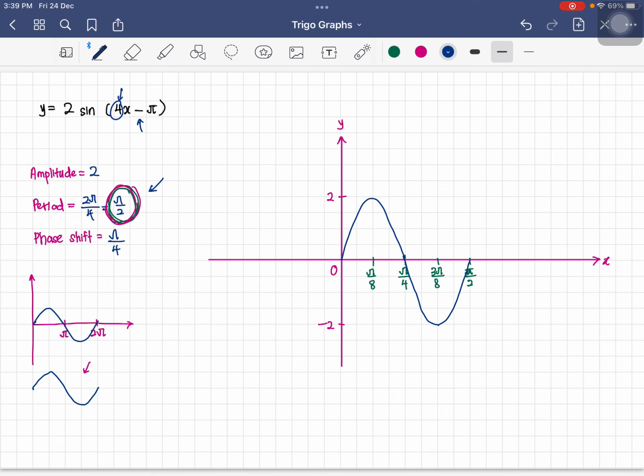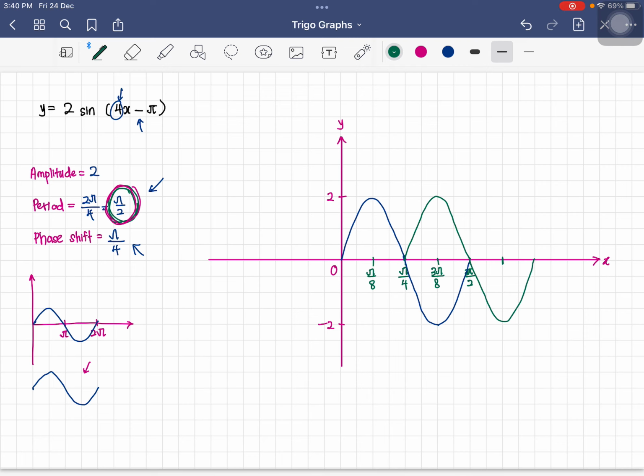But now this graph is actually shifted to the right by pi over 4 units, which means that instead of starting from 0, it now starts at pi over 4. So my graph would look like this.